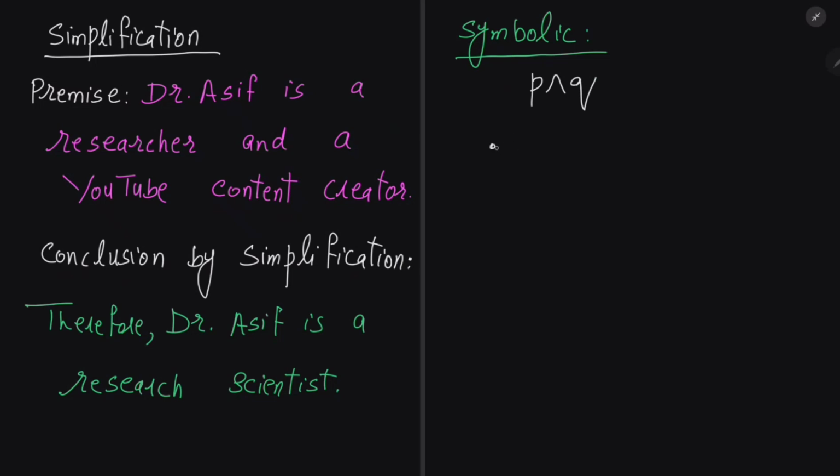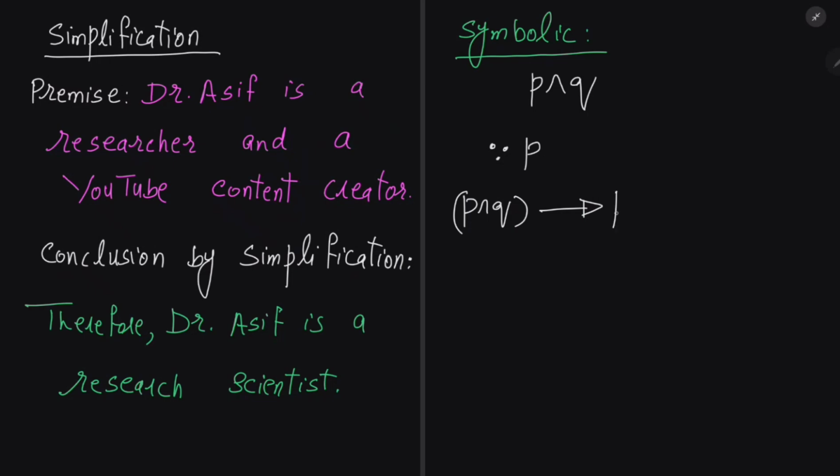And what is the conclusion? Since the conclusion is coming from the first part of the premise, we can say that it is P. So P and Q, what is the conclusion?